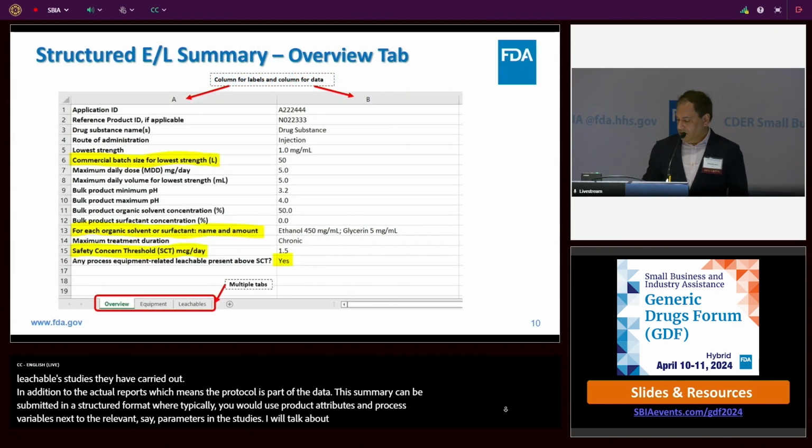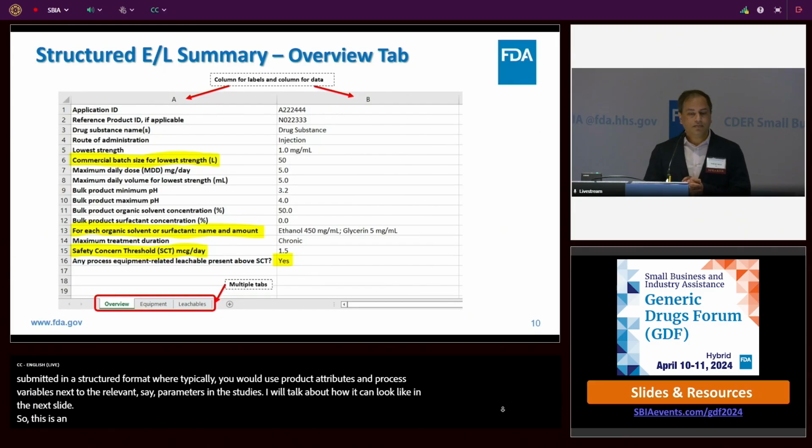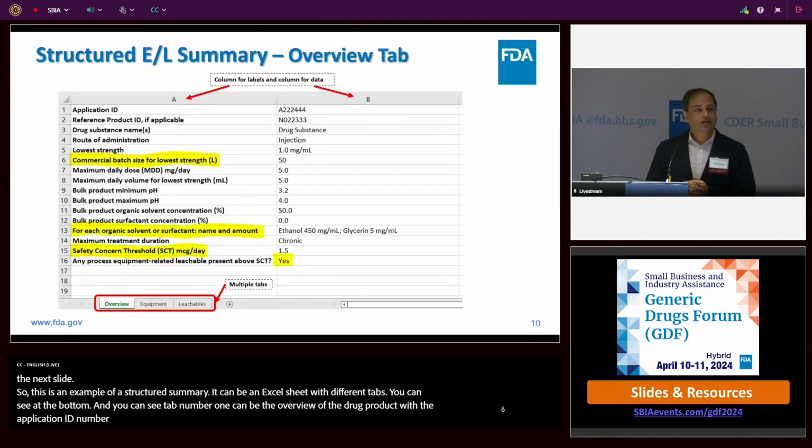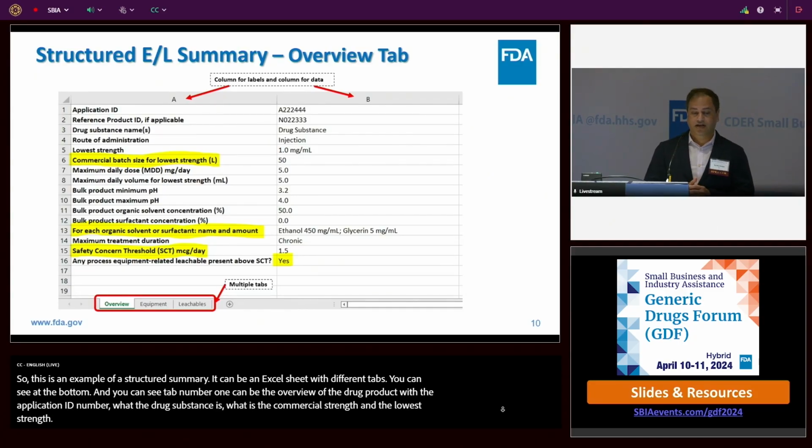So this is an example of a structured summary. It can be an Excel sheet with different tabs, if you can see at the bottom. And you can see the tab number 1 could be the overview of the drug product with application ID number, what the drug substance is, what's the commercial strength, or the lowest strength for the commercial batch size, maximum daily dose, what's the pH, because all of these are very relevant to the actual studies.